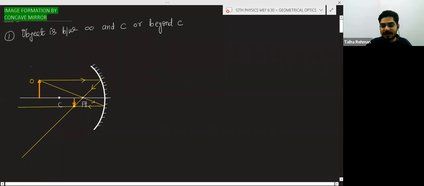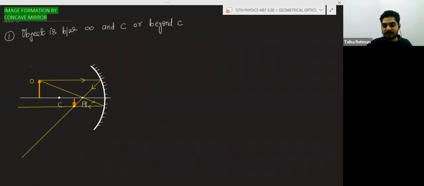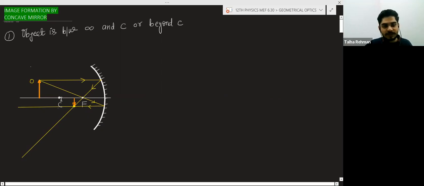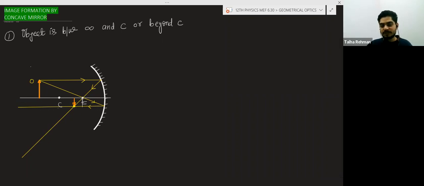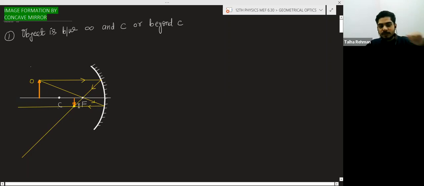Now we will see the characteristics of the image, size of the image, and the position of the image. Position of the image is very clear. The image is formed in between the center of curvature and the focus. After that, what is the nature of the image? The nature means real or virtual, inverted or erect. So now here rays of light are actually meeting, so this image will be real image.